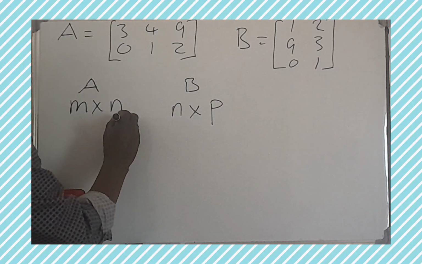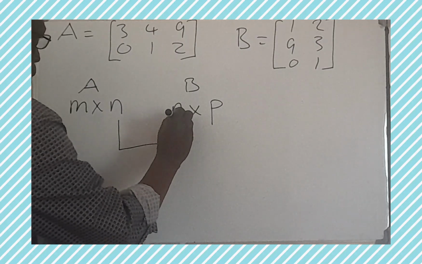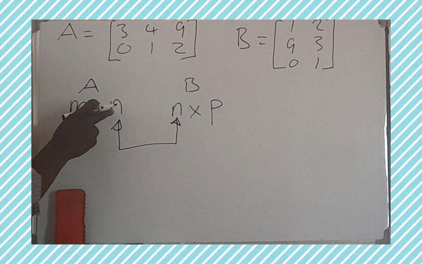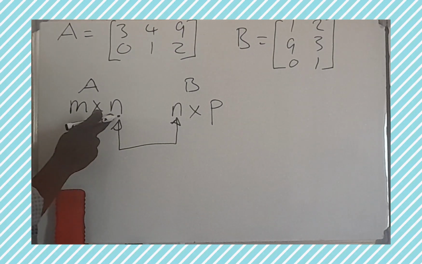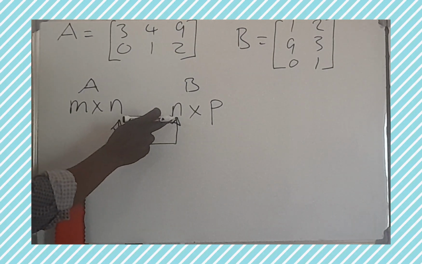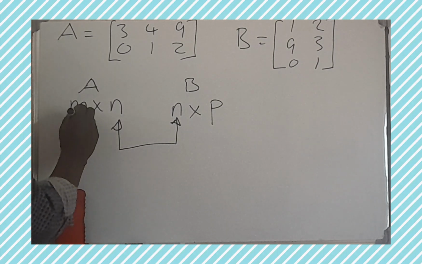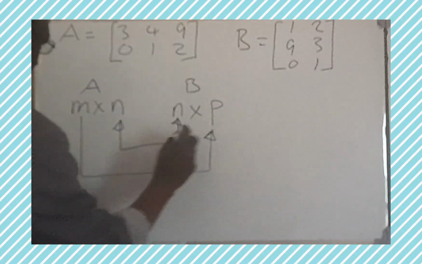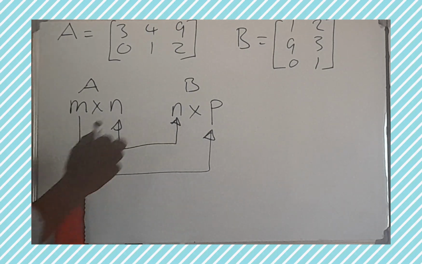The number of columns in A must be equal to the number of rows in B. Remember, we start with rows and columns, rows and columns. So the columns in A must be equal to the number of rows in B. What will be the size of the product? The product will be of size M by P. In other words, the product will have M rows and P columns.